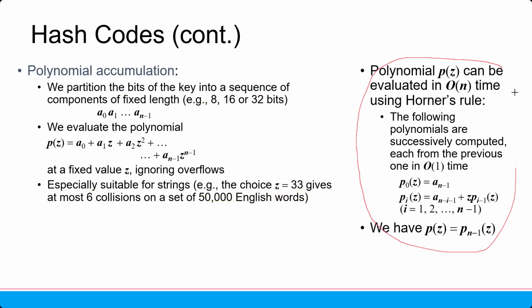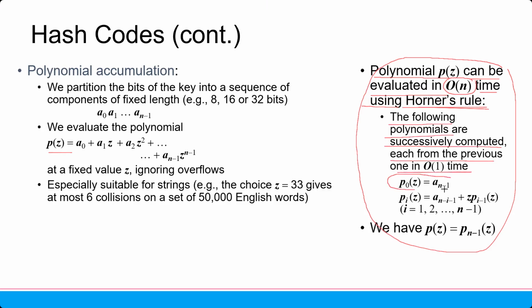This is just a theory that this polynomial P(z) can be evaluated in O(n) time, and it is based on Horner's rule. I will not discuss Horner's rule in detail because it is mathematically expensive. But just to let you know, the following polynomials are successively computed from the previous one in O(1).